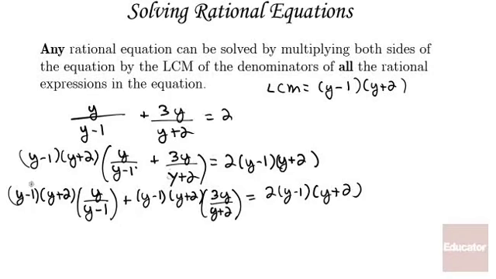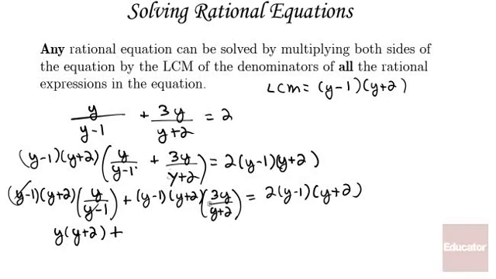What happens is some of the terms will cancel out, so I see that this cancels. That leaves me with y times y plus 2, but the fraction's gone. By multiplying by all these factors, I eliminate the fractions, so the rational expressions are eliminated.